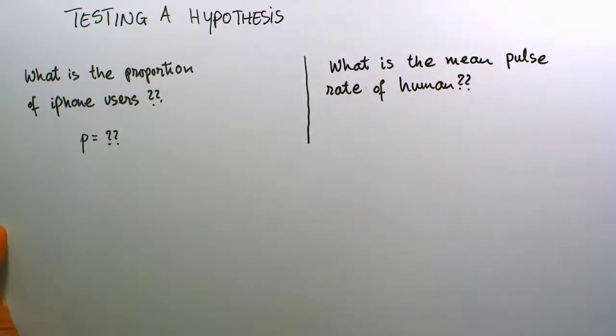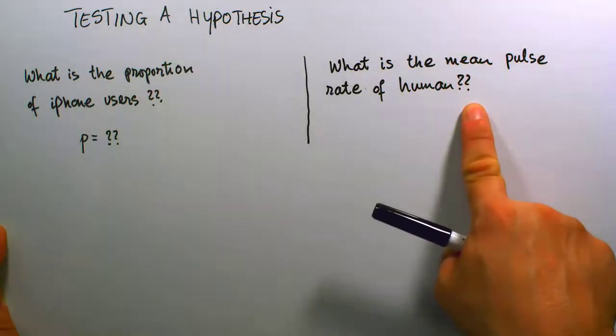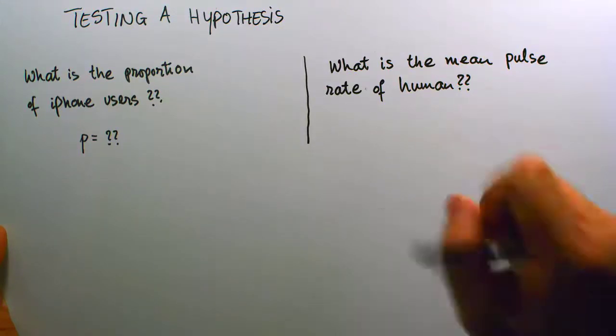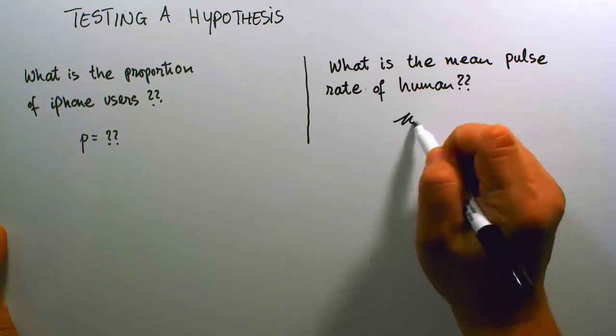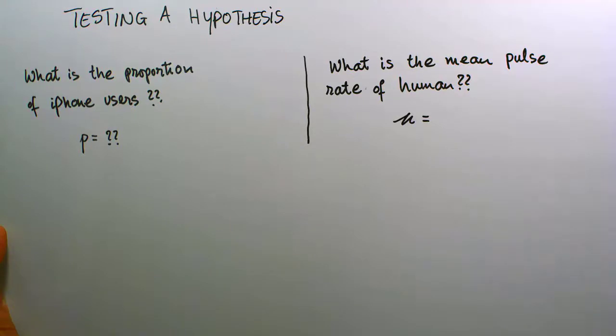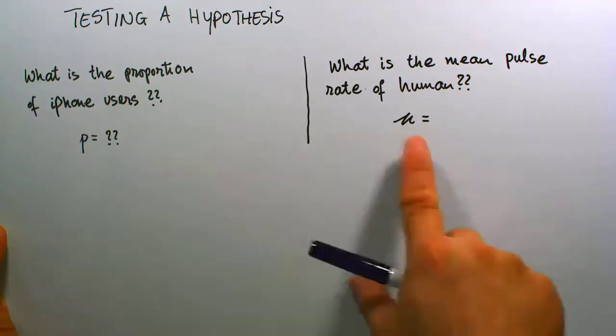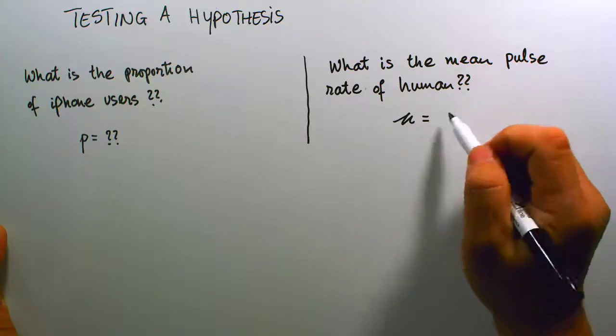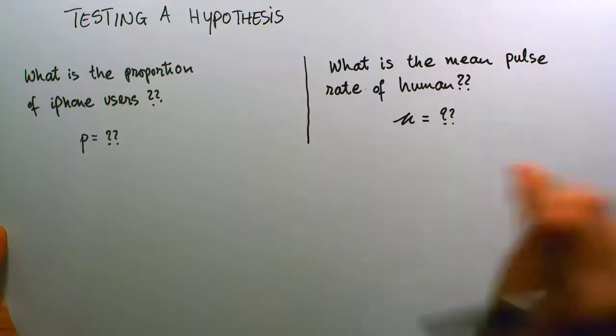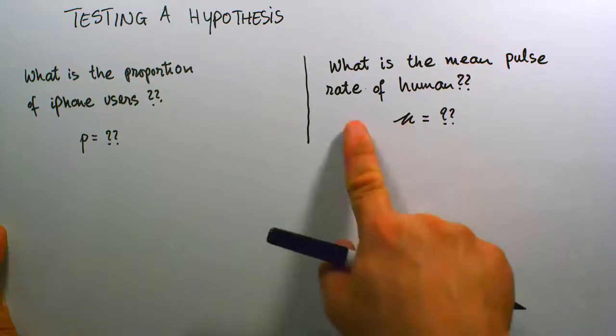All right, and so this here is aiming at looking for the answer to the population mean. It's a mu value. And at this point in your statistics learning, no one viewing this video should be unfamiliar with any of these population parameters. So we want to look for the population mean value of pulse rate.